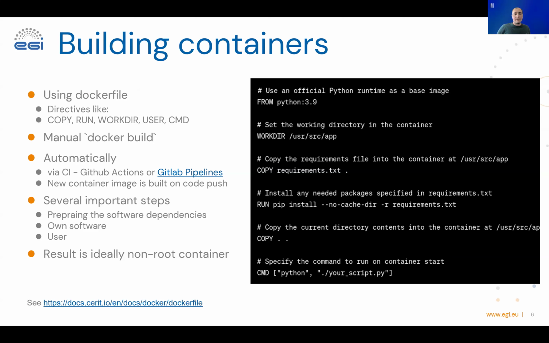So let's say we see directives like FROM, WORKDIR, COPY. These are the main directives used for Docker, and it means, for example, if we take FROM, it will use the original image.